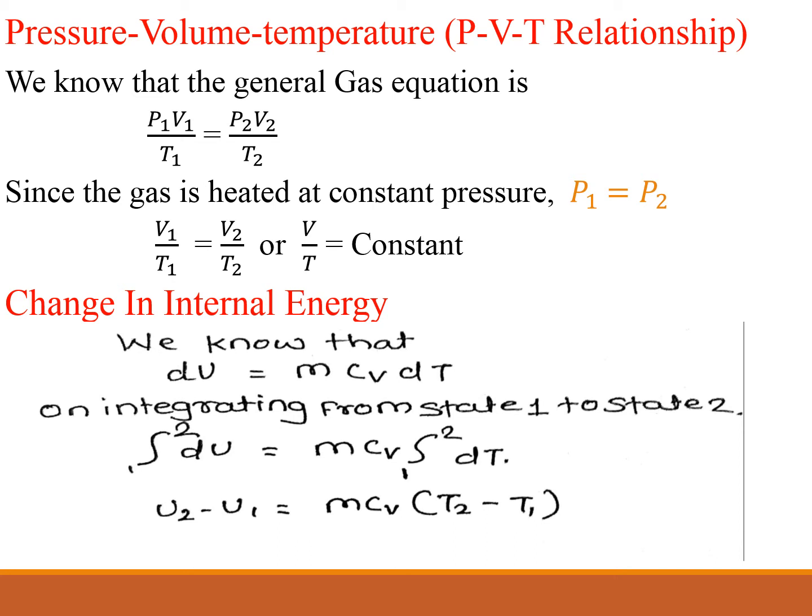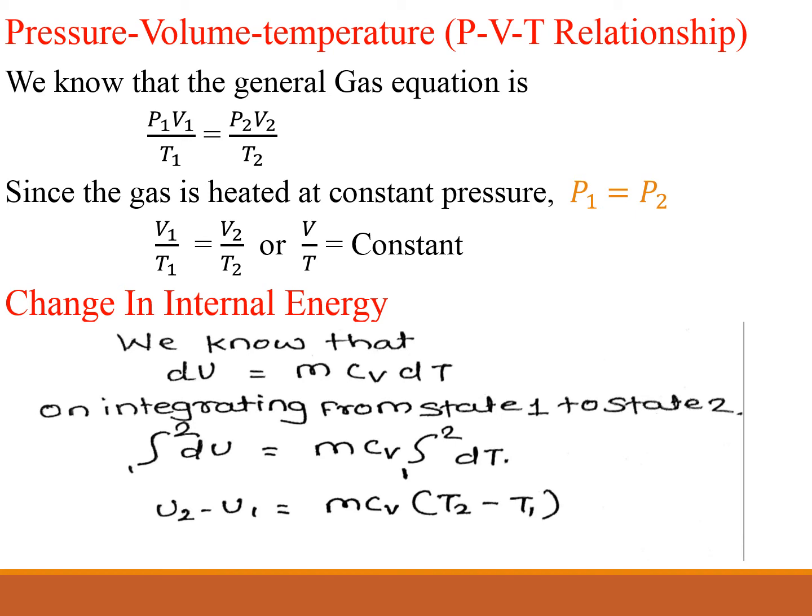Since the gas is heated at constant pressure, P1 is equal to P2. So we get V1 upon T1 is equal to V2 upon T2, or V upon T is equal to constant.